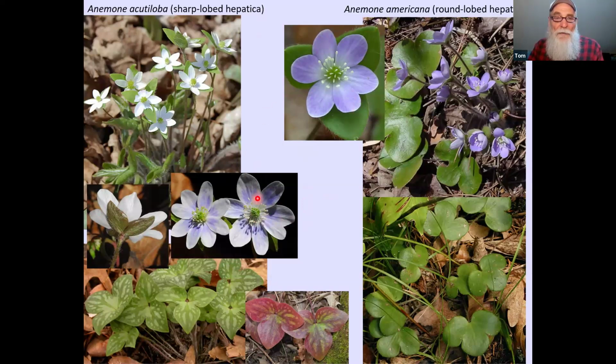Flower color can vary somewhat from white to bluish. And by the way, these leaves here are the leaves you see when it's in flower in the spring. The leaves will persist during the wintertime, over winter, but they turn more this maroon purplish color and start disintegrating basically.